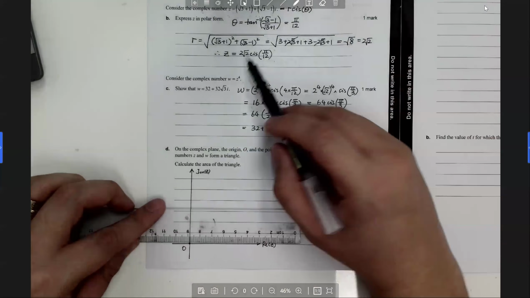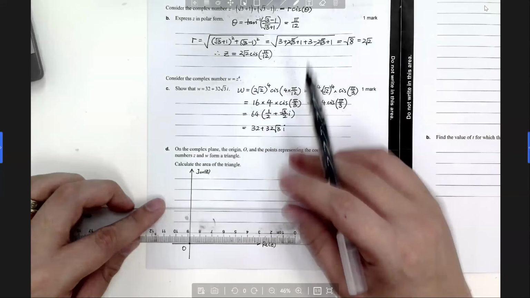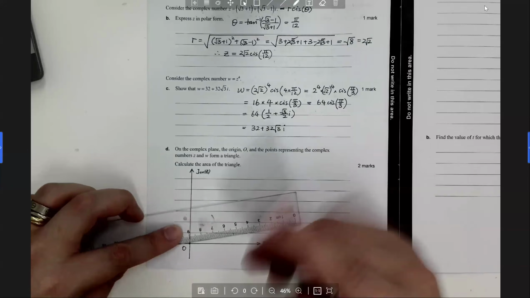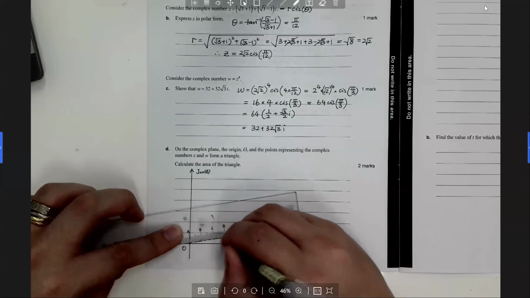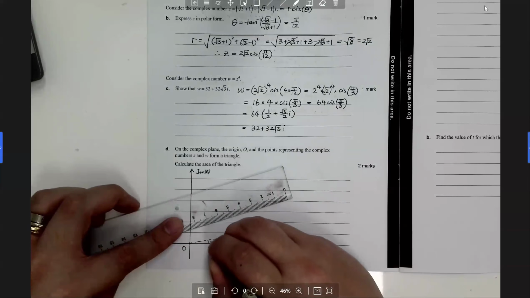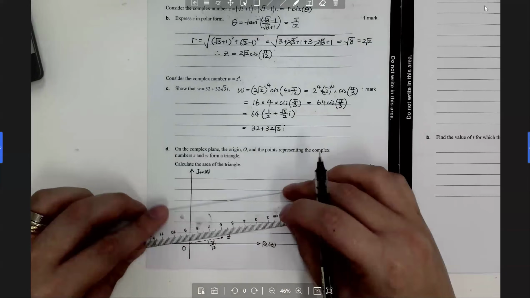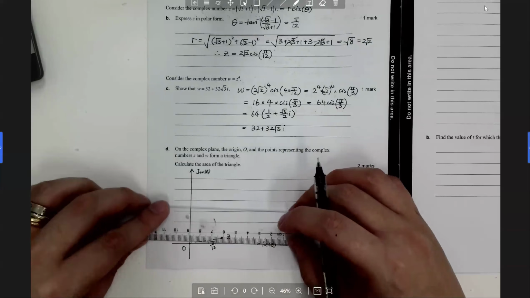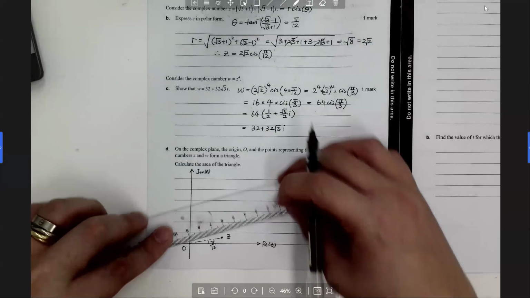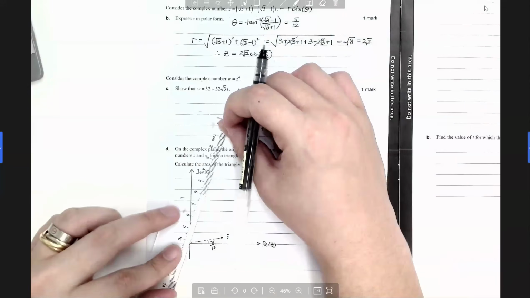But one thing I want to mention is, complex number z is 2 root 2 cis pi over 12, so it's like root 8. So maybe I have somewhere here, this is my z, and this angle is pi over 12, okay? Then I rotate from the horizontal positive x-axis by this much, like 60 degrees.